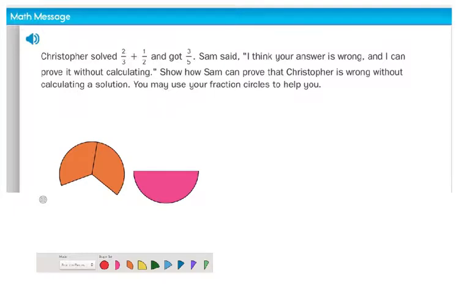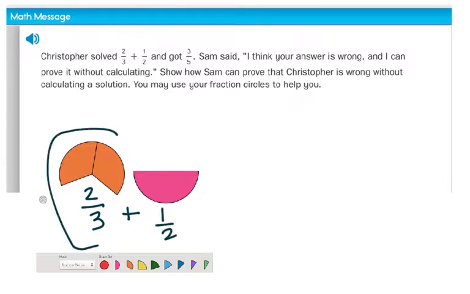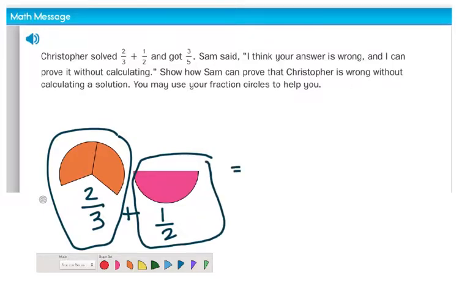And so this is what I got. If I take 2/3, this is 2/3, and added 1/2 to it. So this is 2/3 here, plus 1/2. Does that seem like that would equal only 3/5? If I were to add that together, it would actually be more than 1 whole.